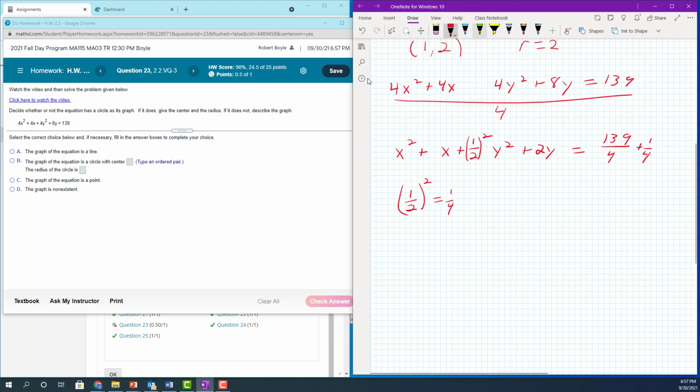Now over here, we have 2 as a coefficient for y. Half of 2 is 1. 1 squared is still 1. So I'm going to add a 1 squared here. And I'm going to add a 1 here, but I'm going to add it as 4/4.